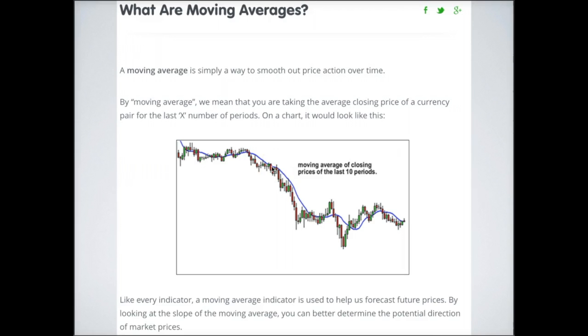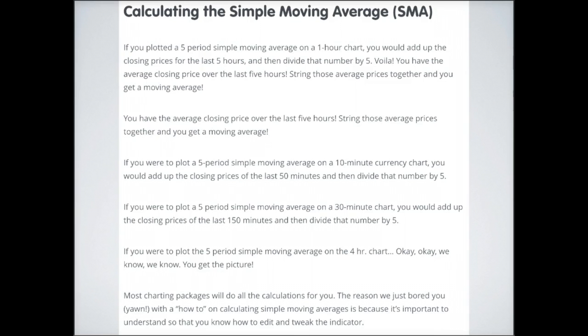It forms support and resistance. It's a moving support and resistance for you. It's a mathematical equation that automatically puts the support and resistance lines on there for you. That's why we love moving averages: we don't have to draw the support and resistance lines anymore. We automatically have them on the chart.